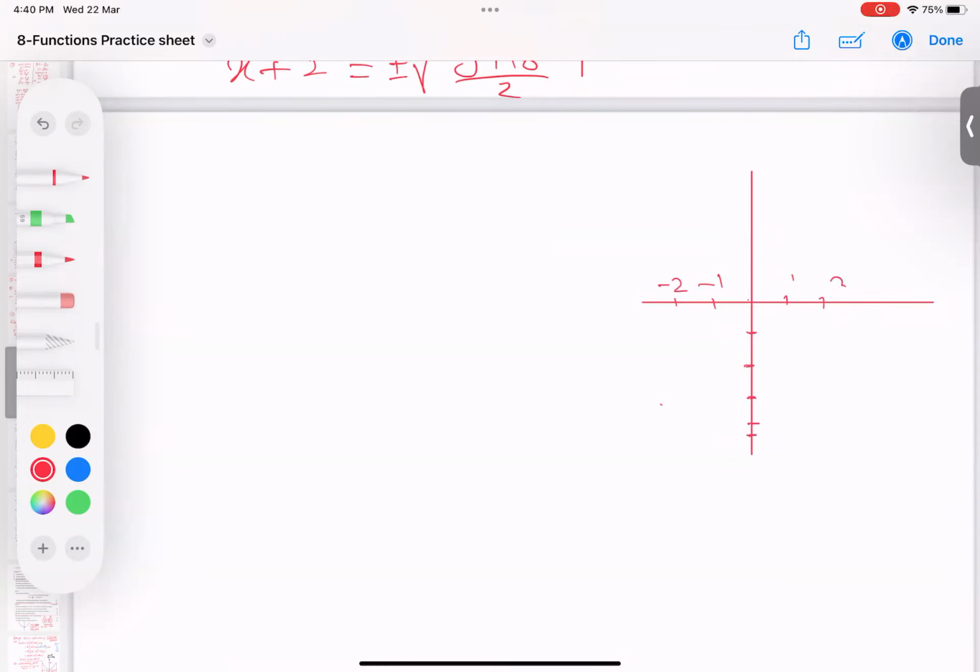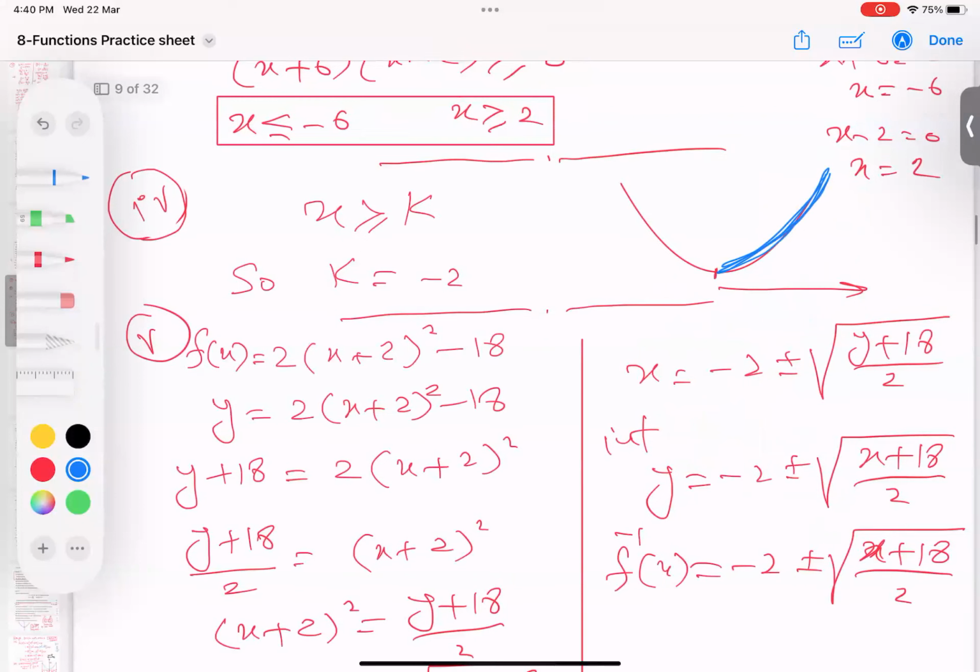So -18 is somewhere here. So my point is here. Wait a minute, I show you the curve. And the curve is going and going this way. So I believe you got the point. Actually, the domain was x is bigger than or equal to -2. Look at it, I'll show you.